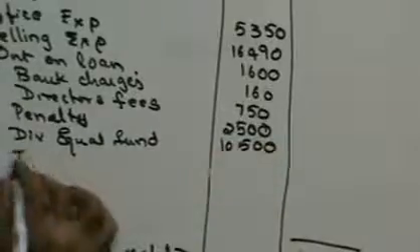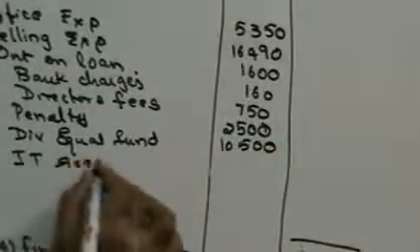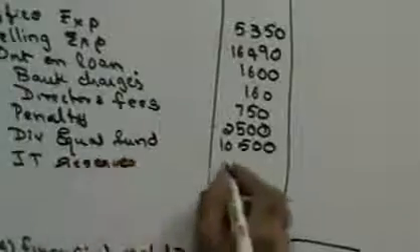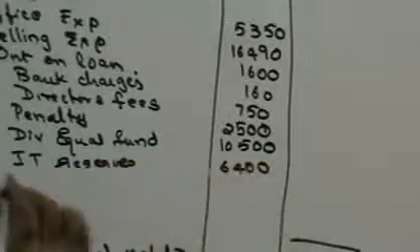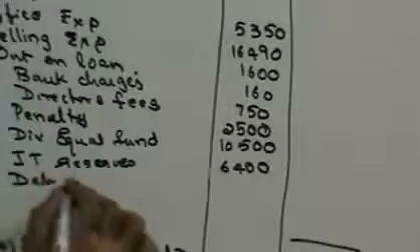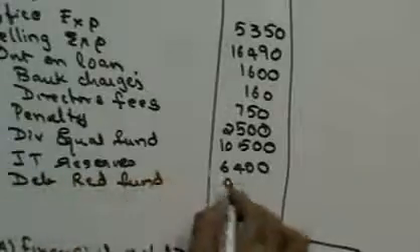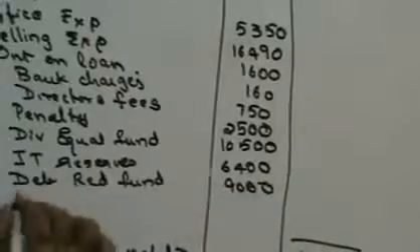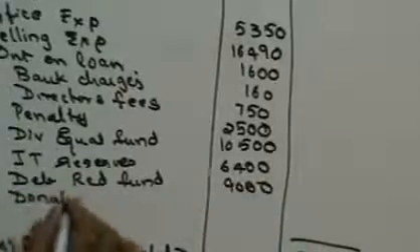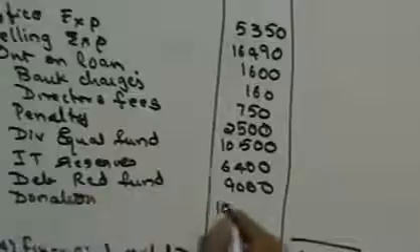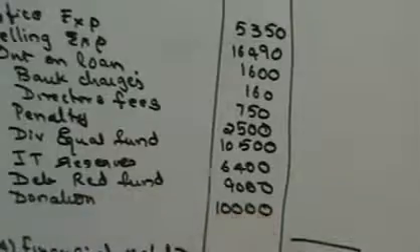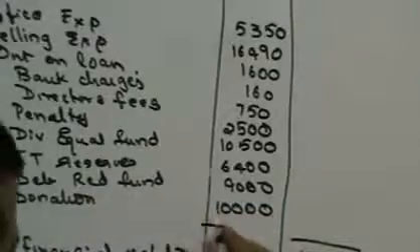Then you have income tax reserves, 6,400. Then you have debenture redemption fund, which is 9,000. And then you have donations, which are 10,000.